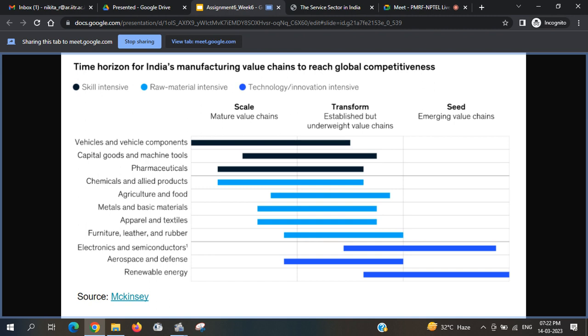If it's a raw material intensive value chain, it will need a lot of raw material to reach the global competitiveness, and if it's a technology or innovation intensive value chain, it will need a lot of technological and innovation input for that industry or that value chain to reach the level of global competitiveness.